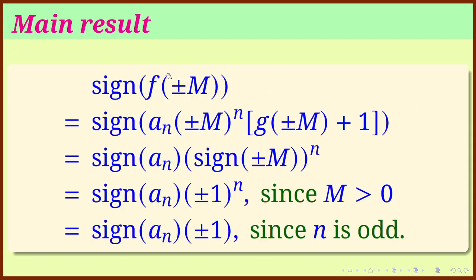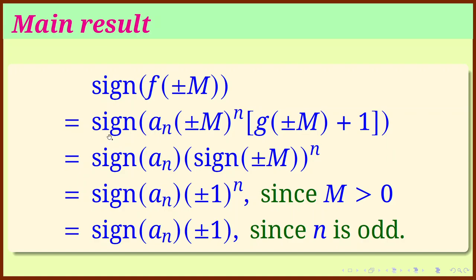So the sign of this quantity is what? an times plus or minus m to the power n, times g of plus or minus m plus 1. Actually, two sets of equations are written in one go, one for plus m and another for minus m.